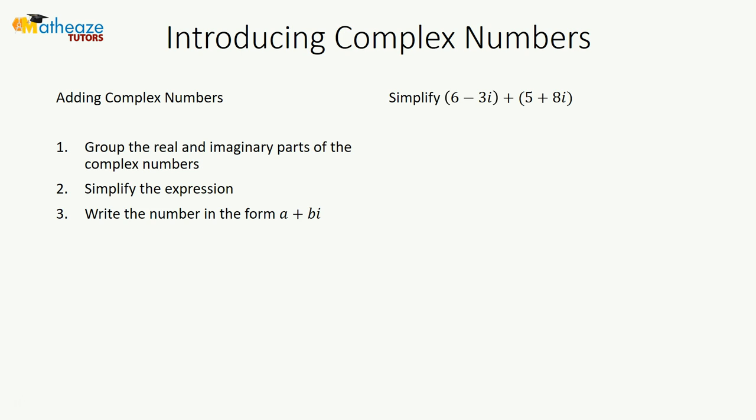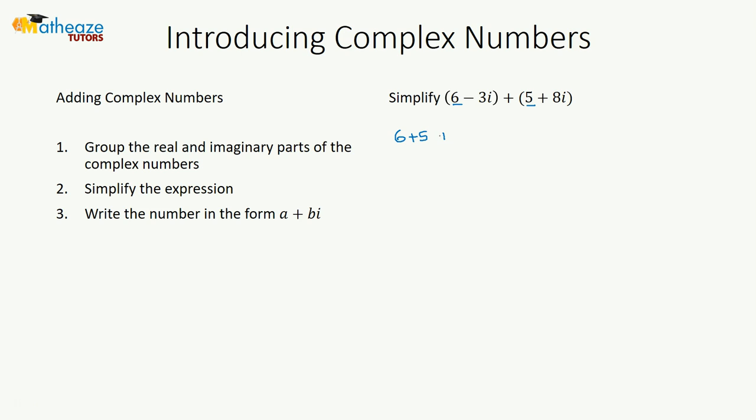So 6 minus 3i, that's the complex number here, plus 5 plus 8i, that's another complex number. So let's look at the real numbers together. We're going to bring 6 and 5 together. That is 6 right here, which is the real number here, and 5, which is the real number here.